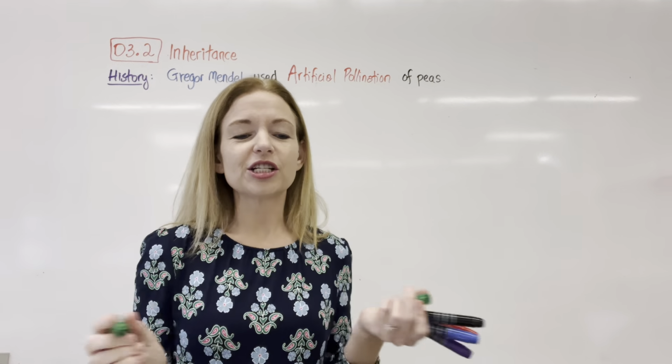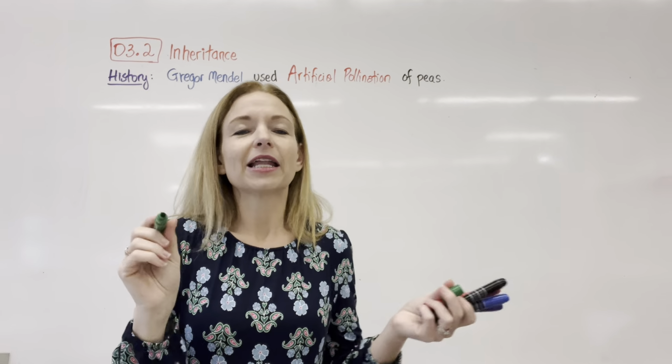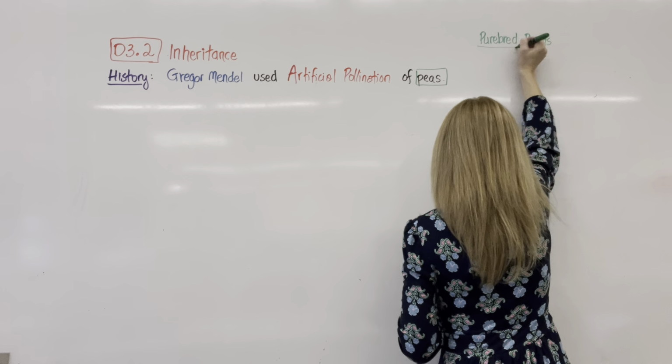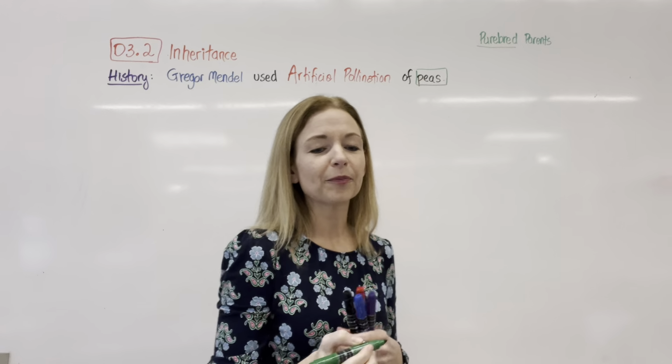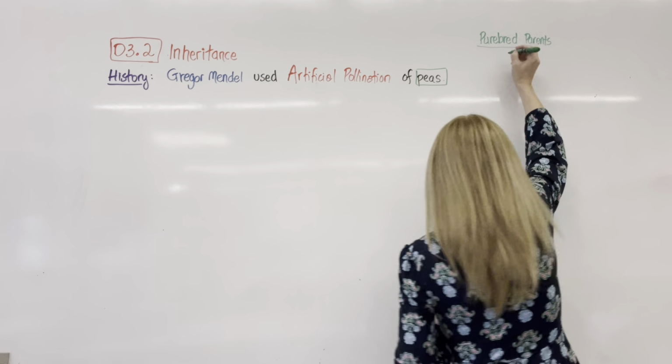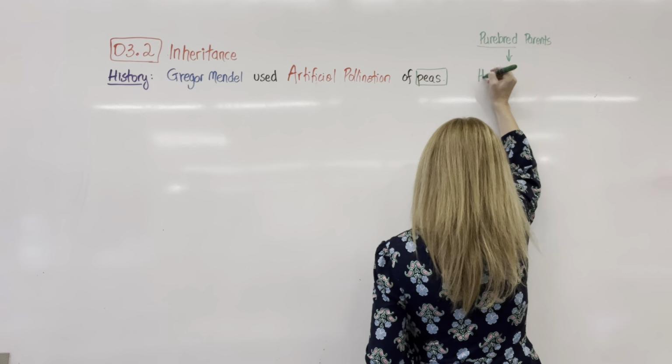Other terminology, which isn't overly challenging, but let's make sure we're good on the generations. When he did these crosses with peas, he started with purebred parents, so they were always lineage with one trait. Then he would cross the purebred parents, and that would give rise to a hybrid F1 generation.